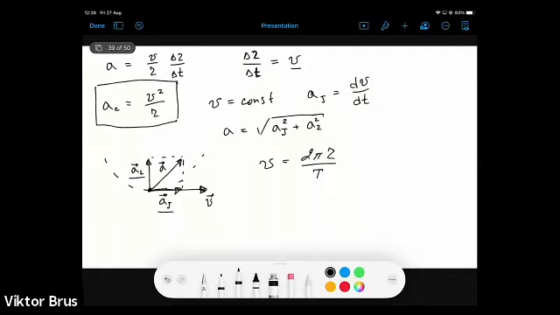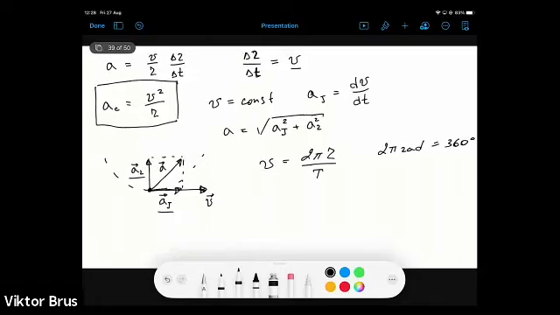And here we have the period of this circular rotation, meaning the time interval required for this particle to finish one total rotation about its axis along the circular trajectory. One total rotation is 2 pi radians, or 360 degrees.